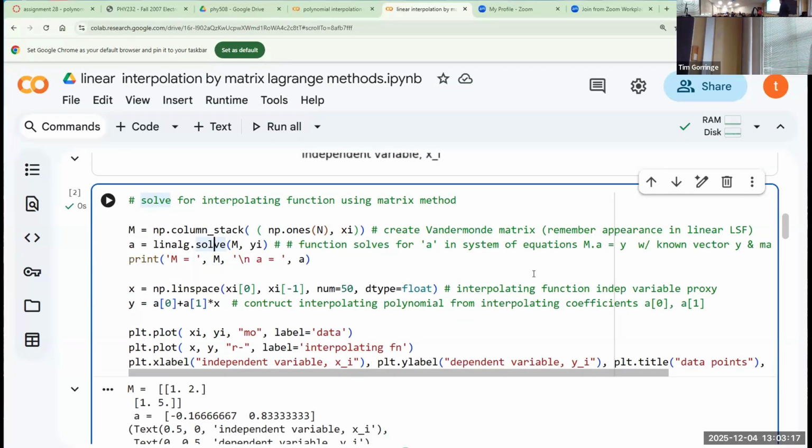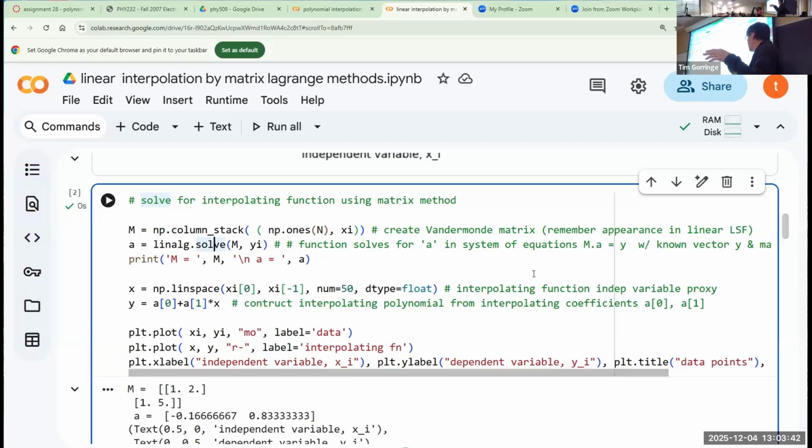So in this cell, I'm going to solve the problem using the matrix algebra approach. In the matrix algebra approach, we made that Vandermonde matrix, which has columns that correspond to the various powers of x in your interpolating polynomial.